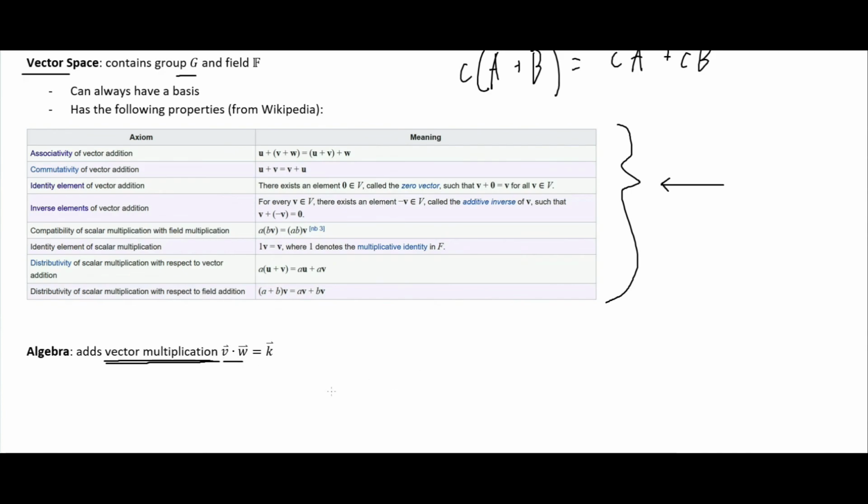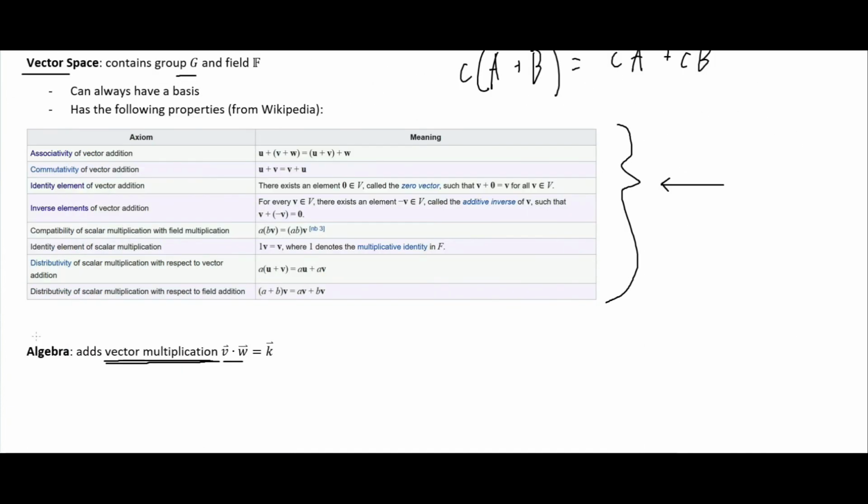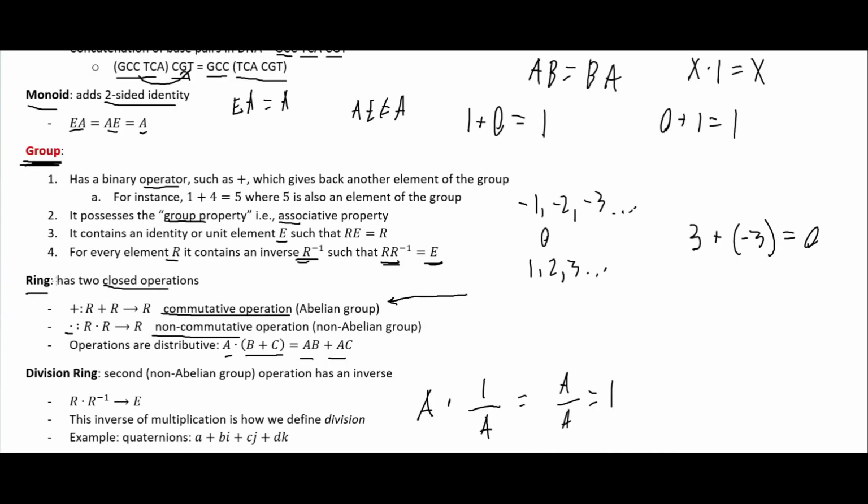So it allows you to do things like the dot product and inner product and things like that. But anyway, like I said, we will be talking about groups in this video series. Later we will get up to talking about vector spaces, but for the most part we'll be talking about groups.